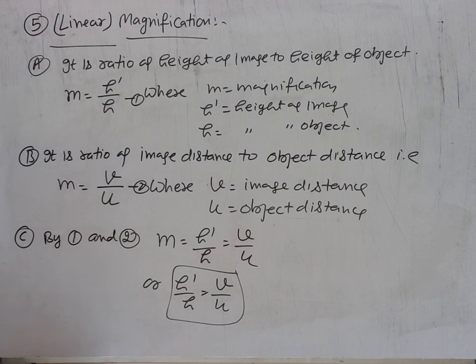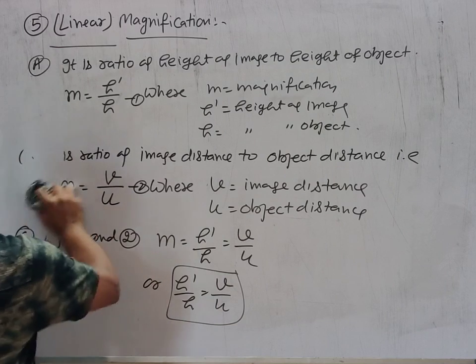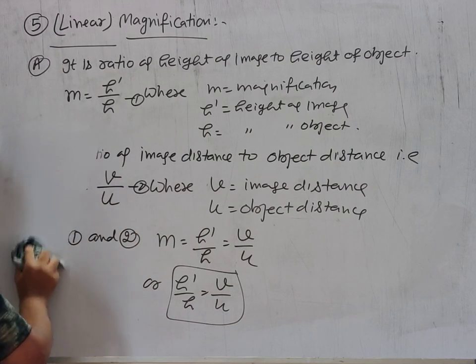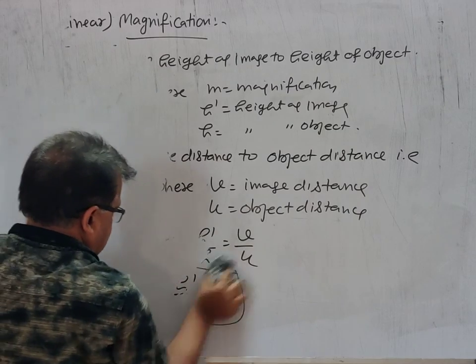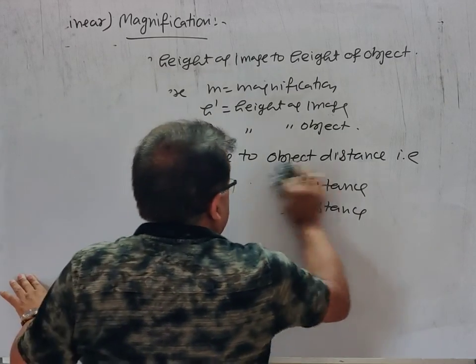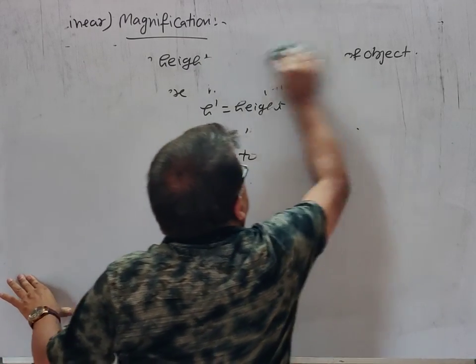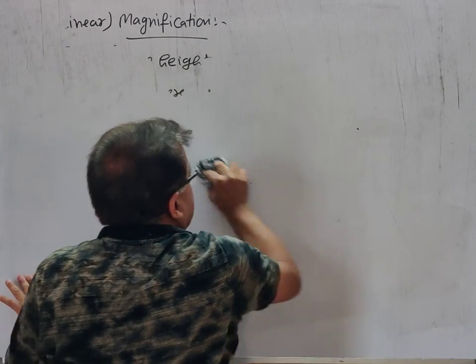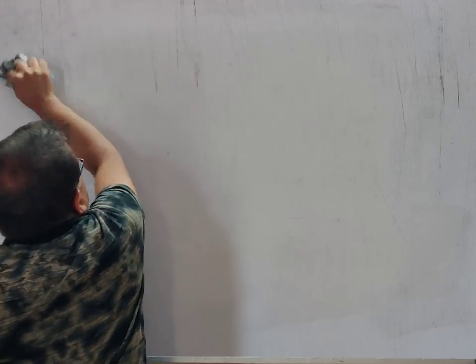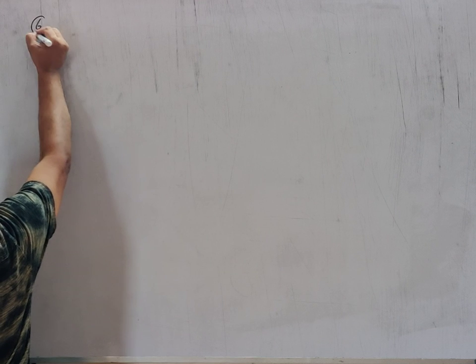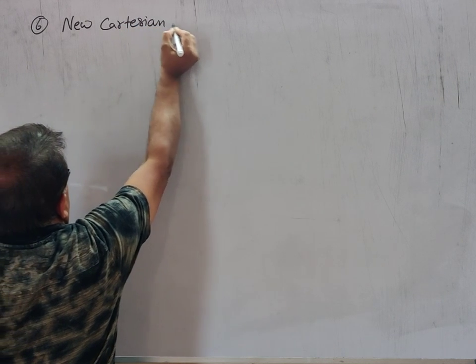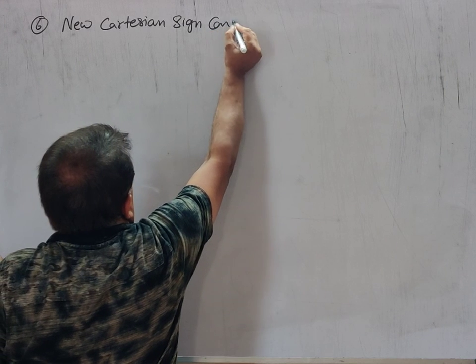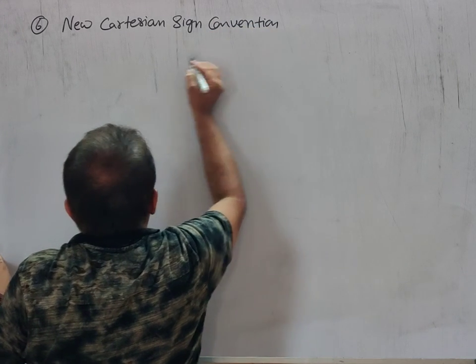Now next topic, next is sign convention or new Cartesian sign convention for lens.